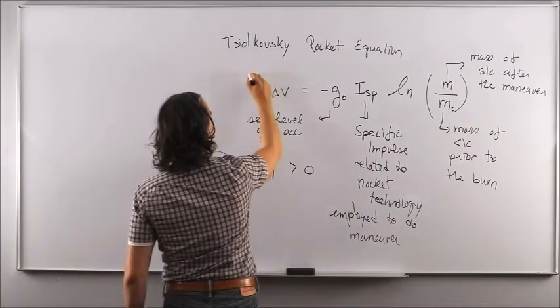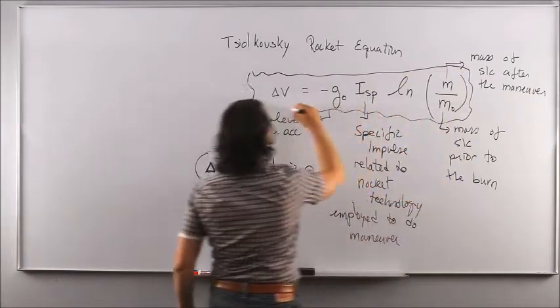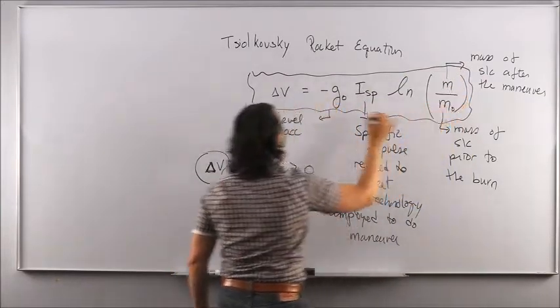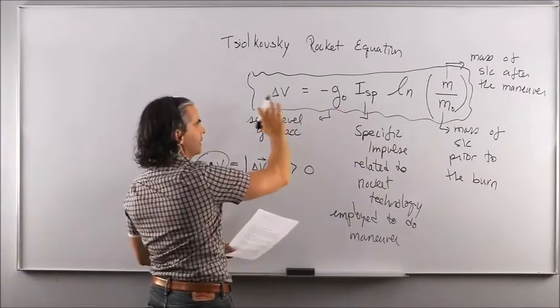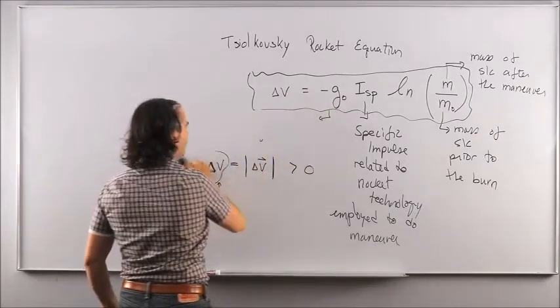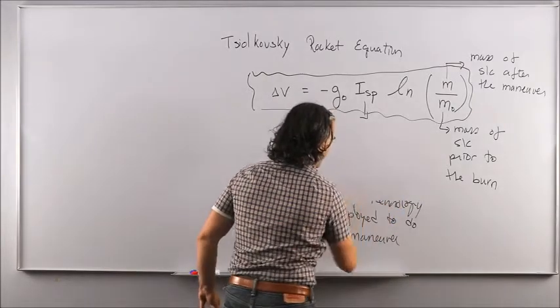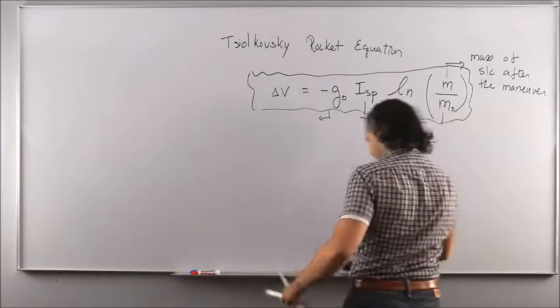So this is the Tsiolkovsky rocket equation that is used to quantify the amount of fuel required to perform a given delta V maneuver. Although in this form it is not the most useful equation we're going to play with, so what we can do is turn this equation upside down and then have delta m on the left-hand side of this equation.